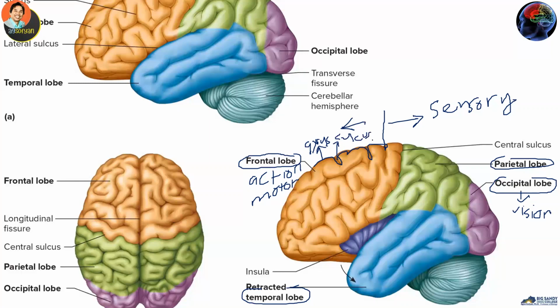The sulcus that separates the front part and the back part of the brain, this valley over here, is called the central sulcus.